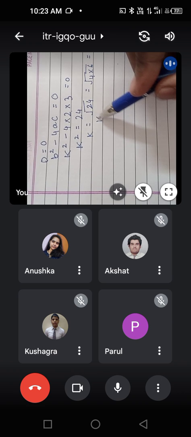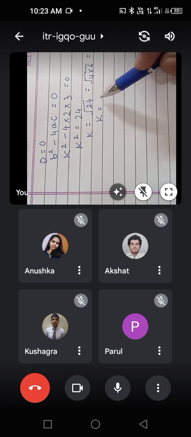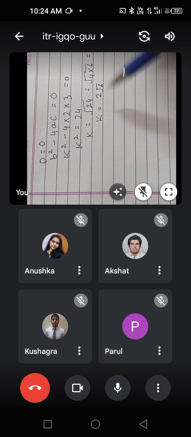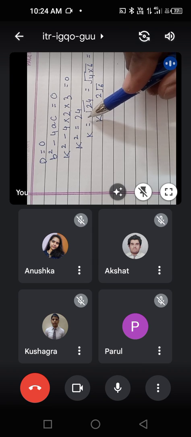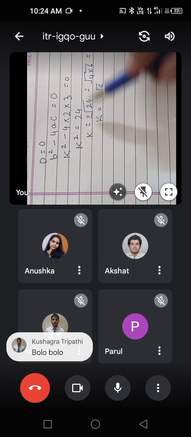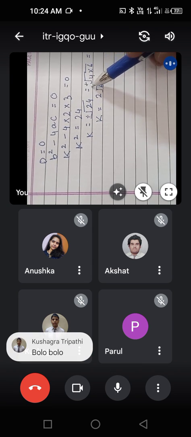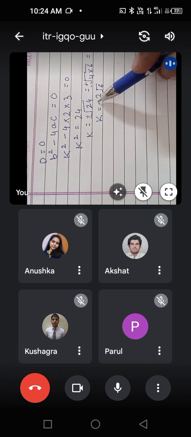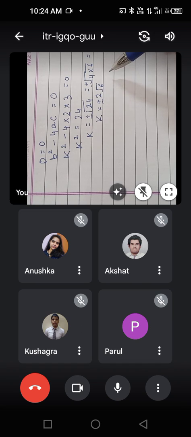So k is equal to 2 root 6. Right? And this was k square, so here you will write plus minus. It could be positive also, it could be negative also. So the value of k is plus minus 2 root 6.